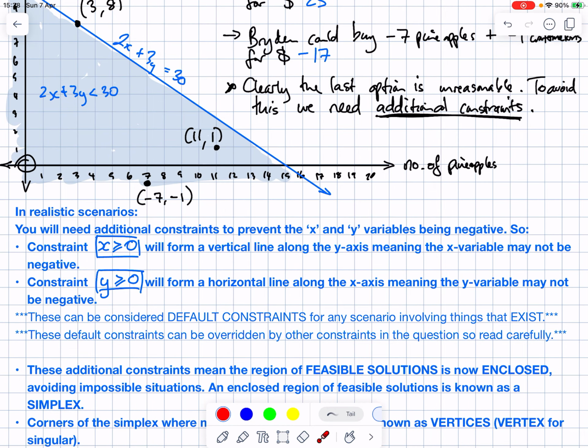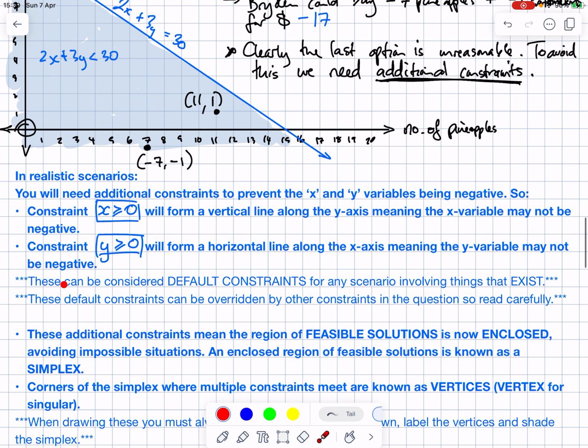The constraint y ≥ 0 will form a horizontal line along the x-axis, meaning the y variable may not be negative. So that constraint would be a line infinitely going along the x-axis, which stops you from having y variables that go down here.